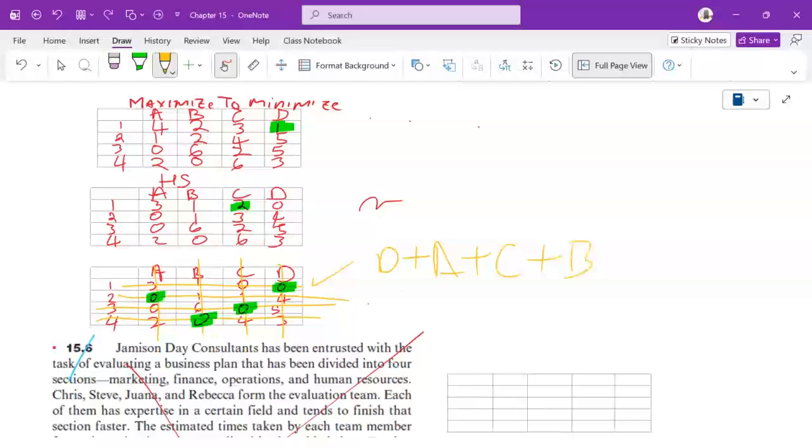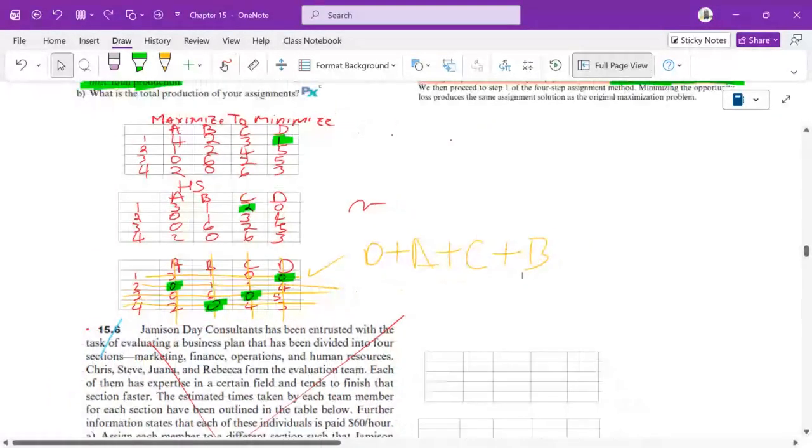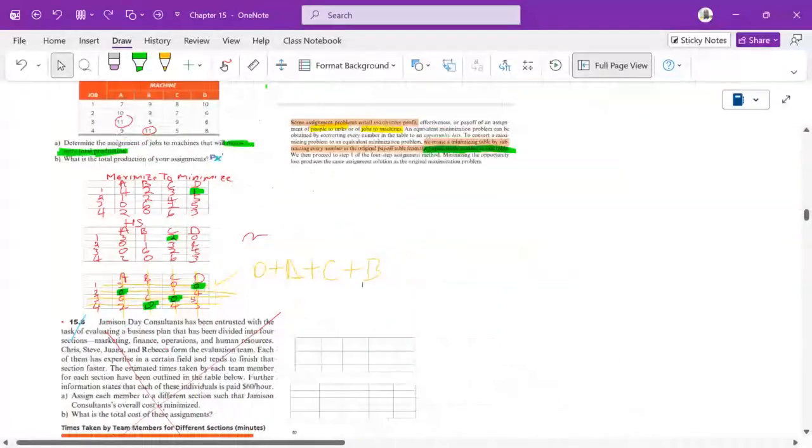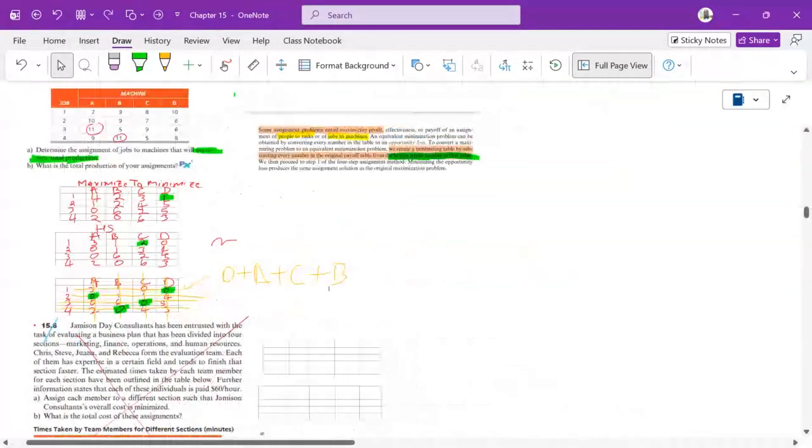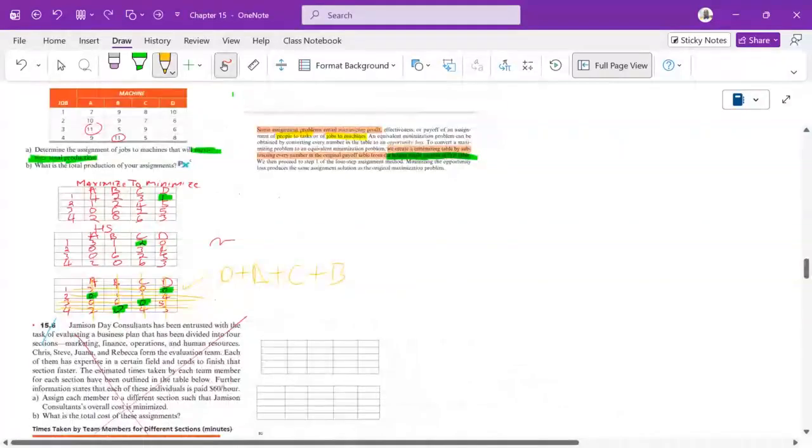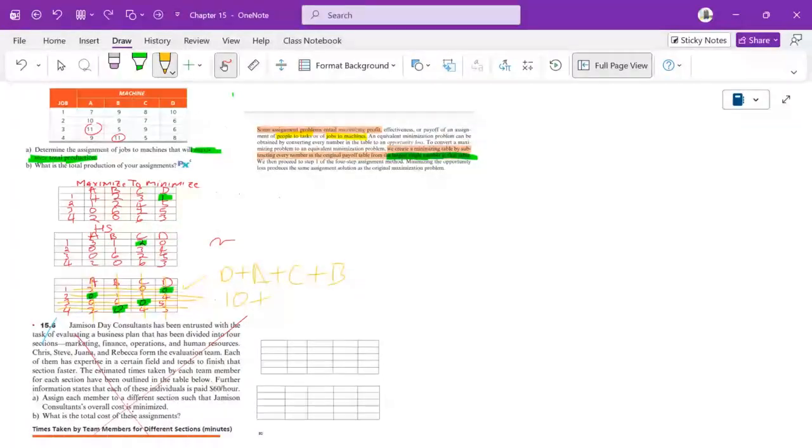Then we take the original values, if not mistaken, yeah, the original values. We have 10 plus, at C 9, and then at B we have 11.